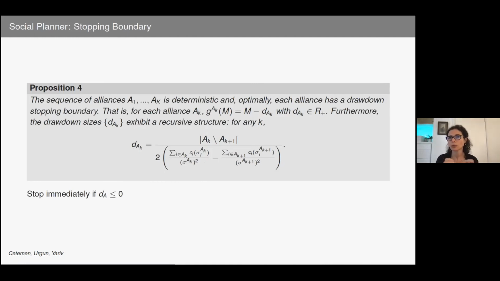So these are the people who are going to be affected. And in the denominator, we have this cost per speed when you're searching in alliance A sub k and in the consecutive alliance A sub k plus 1. So this is basically the marginal benefit from including these extra people you're going to terminate in terms of the cost per speed. So this is not a proof, not even an intuition, but hopefully it gives you some notion for why we might expect these things to show up in these terms.